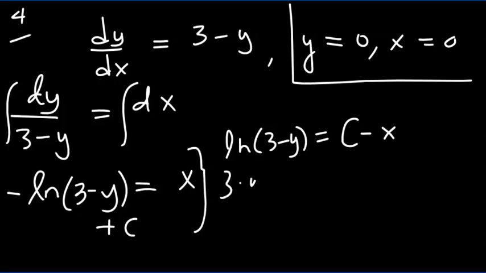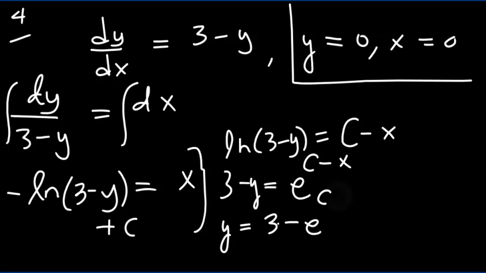So 3 minus y is e to the power c minus x, or y is 3 minus e to the power c minus x. Let's use this set of conditions to determine the constant c.